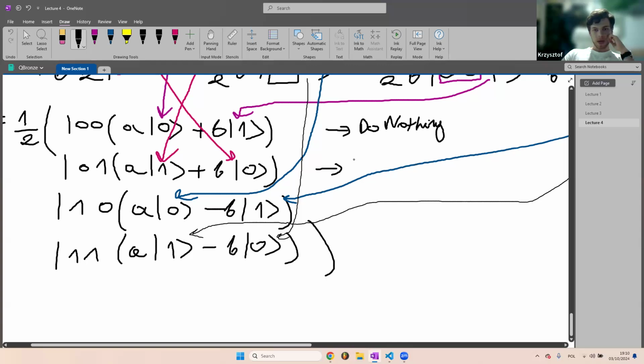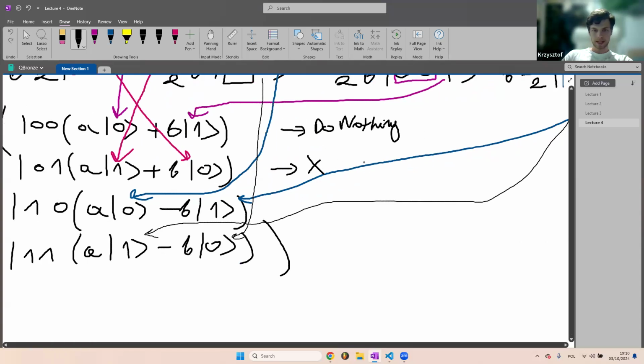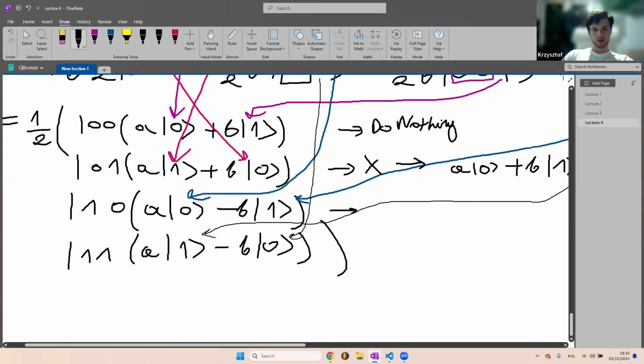In this case, if the outcome of the measurement is 0, 1, you have to apply an X gate. So after applying the X gate, the state of the qubit will be A0 plus B1. In this case, when the measurement of the 0th and first qubit is 1, 0, you apply only the Z gate.